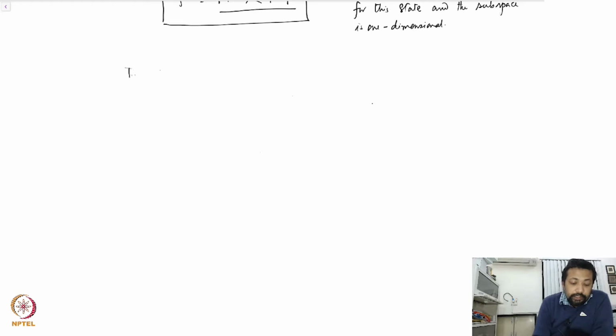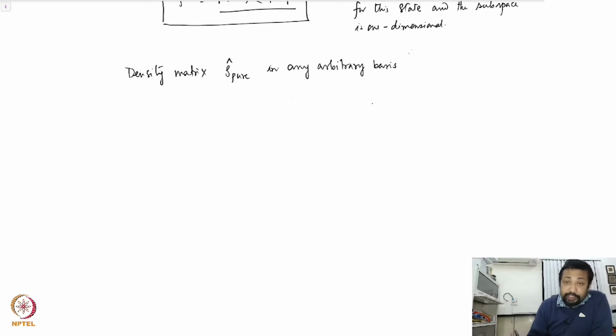Now the density matrix rho hat pure, for a pure state in any arbitrary basis, will contain matrix elements which are non-zero.